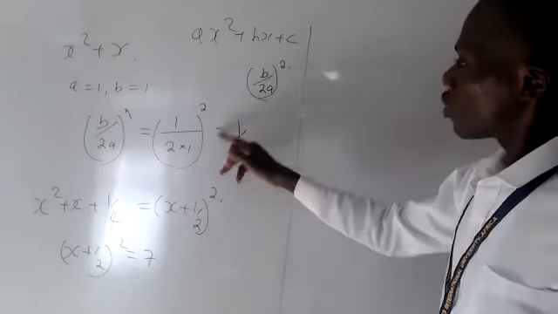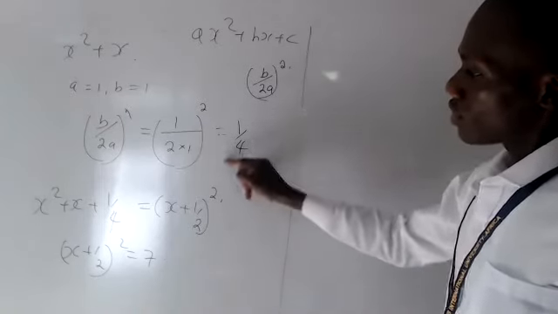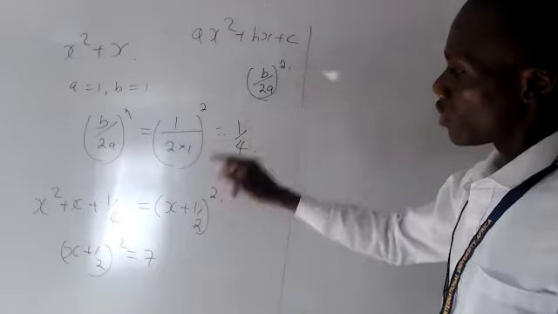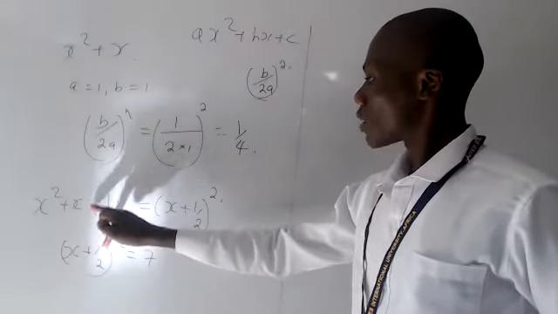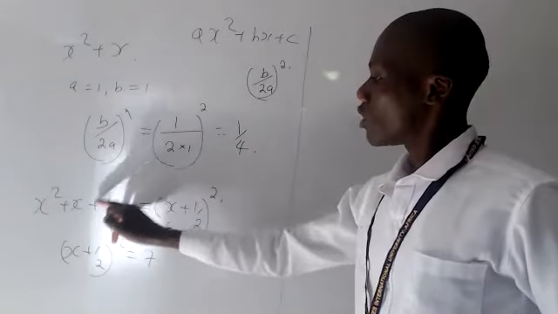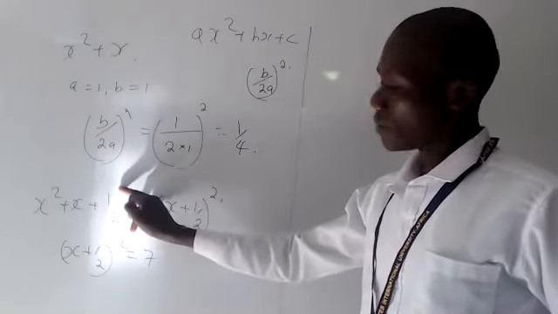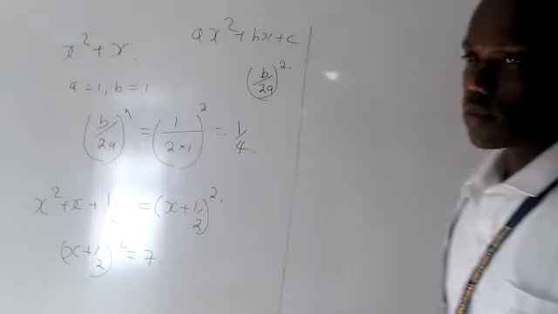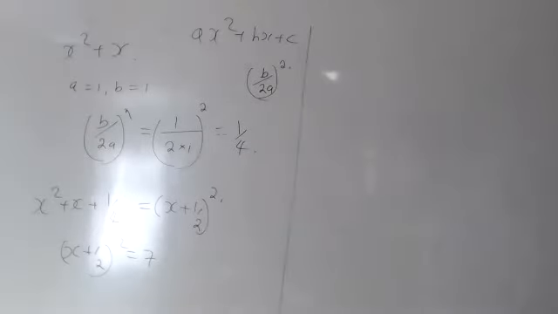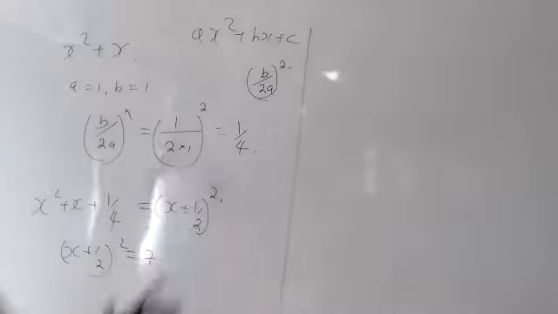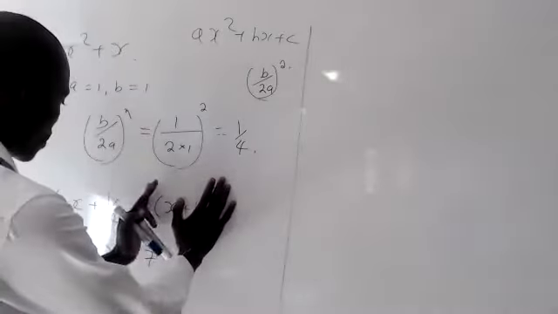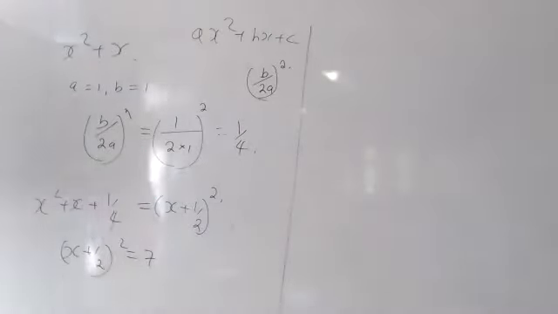Yeah, a half squared is a quarter. So this is x squared plus x plus a quarter, which is the same as x plus a half squared. So if you leave it as x squared plus x plus 1 over 4, is that right? Yeah, that's right. It's a complete square, because I can write this as x plus a half squared. If you expand x plus a half squared, this is the same as x squared plus x plus a quarter.